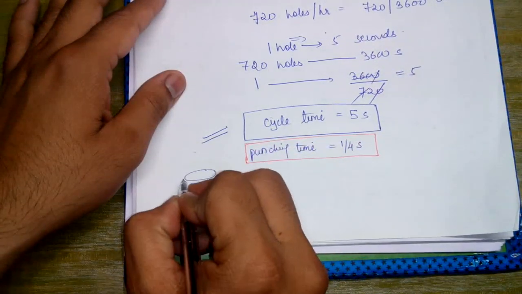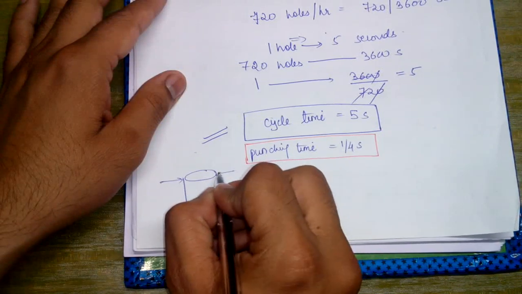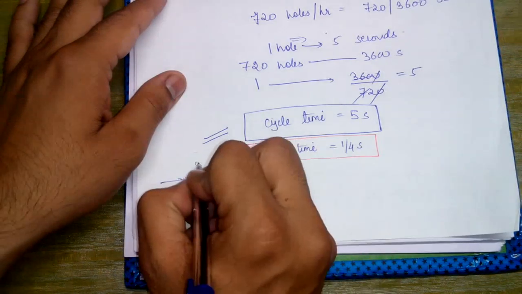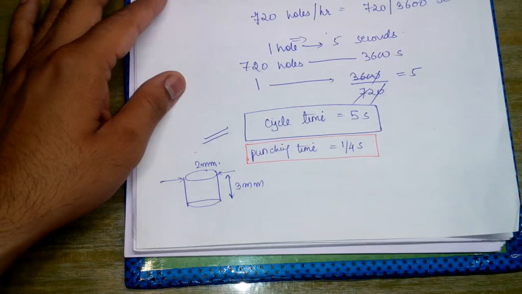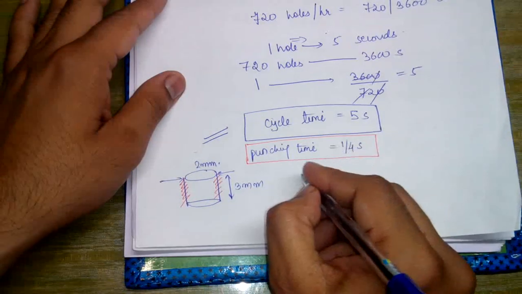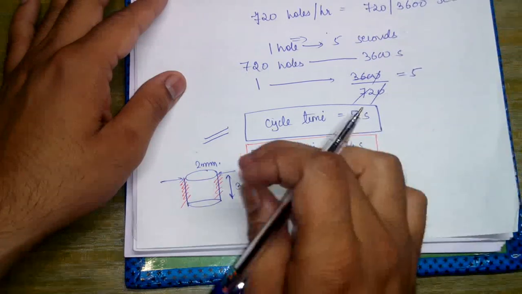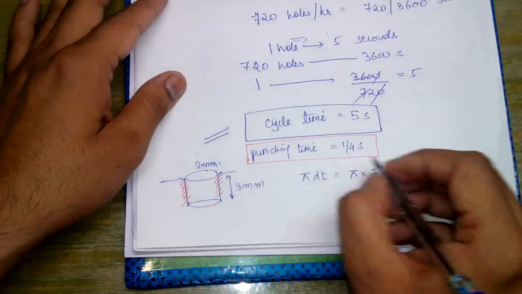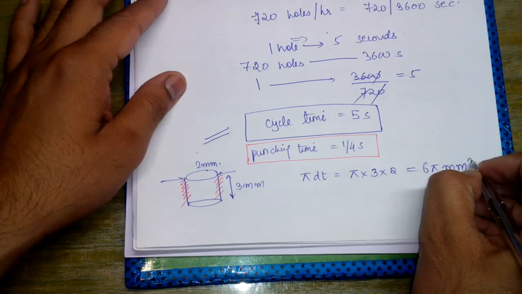Now if this hole has to be sheared in a sheet of thickness say 3 mm, and the diameter has been given as 2 mm, the area which has to be sheared is the curved area, that is pi d t. So it is pi into d, which is 2, and t, which is 3. It is equal to 6 pi mm square.